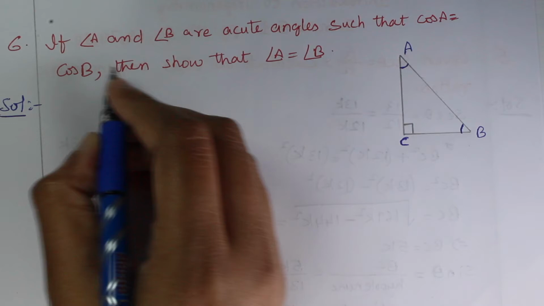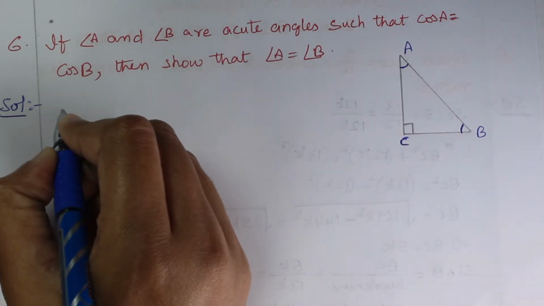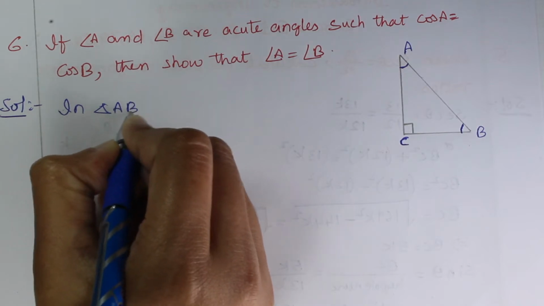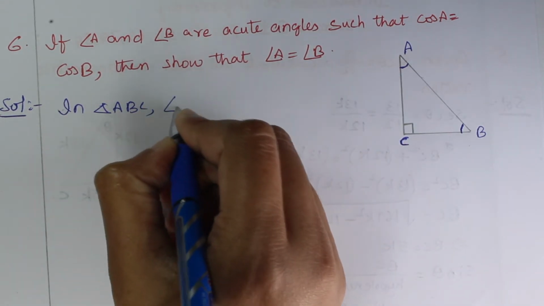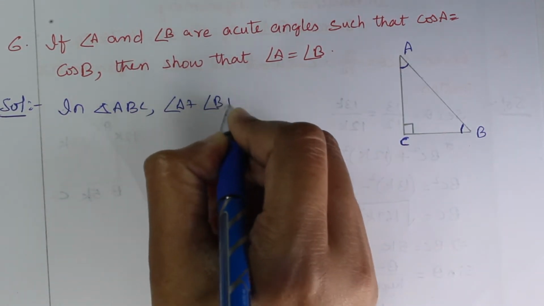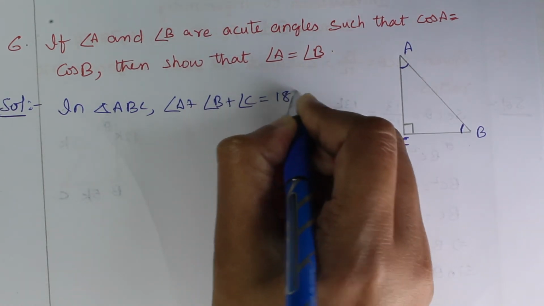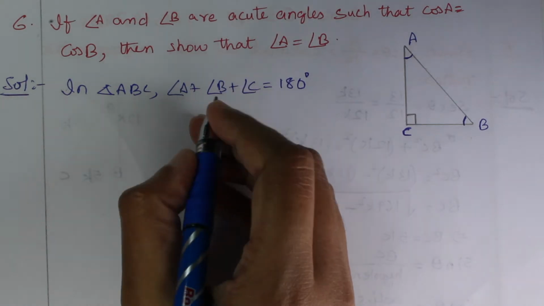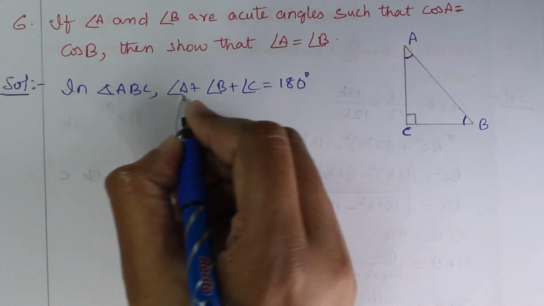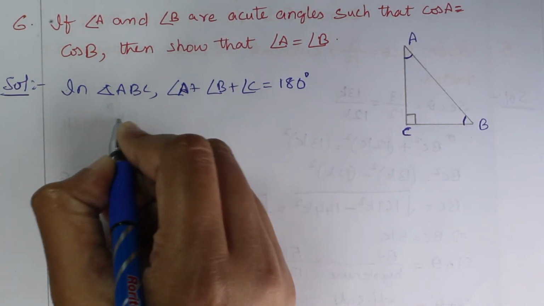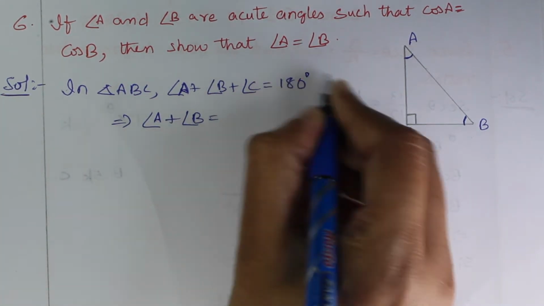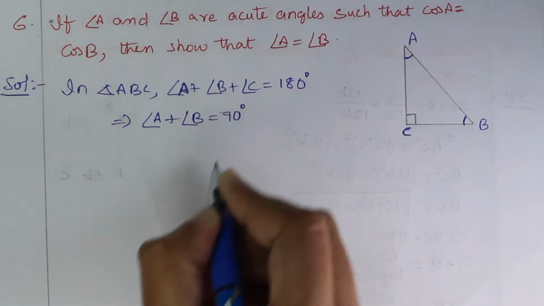In the triangle ABC, angle A plus angle B plus angle C is equal to 180 degrees, right? In the triangle, the sum of all the angles is 180 degrees. Now we know angle C is 90 degrees. That implies angle A plus angle B is equal to 180 minus 90, that is equal to 90 degrees.